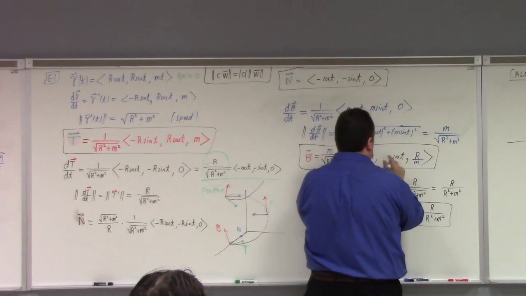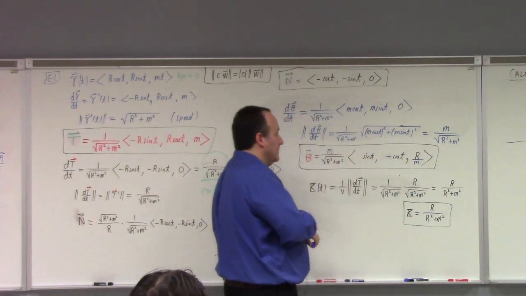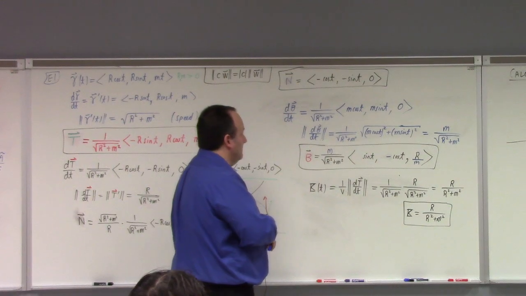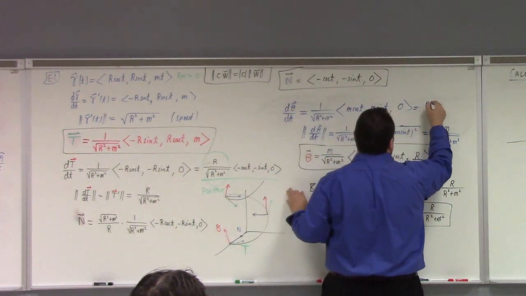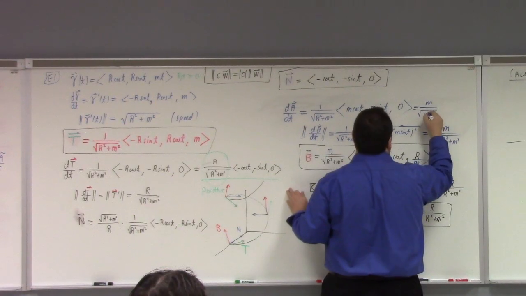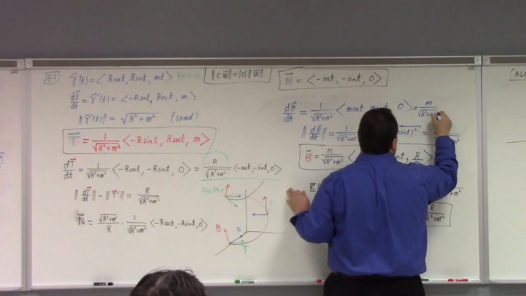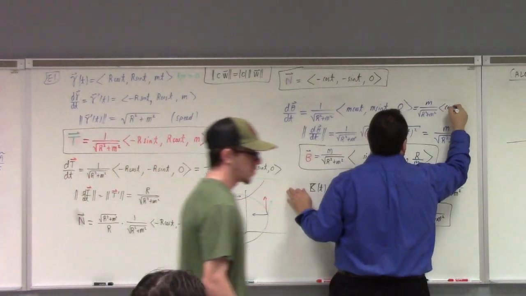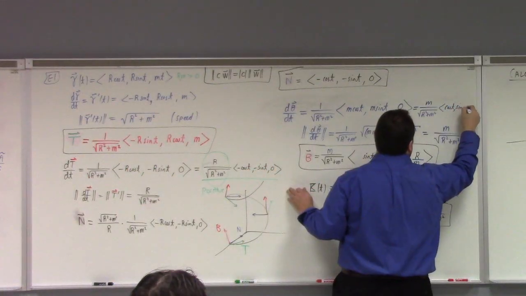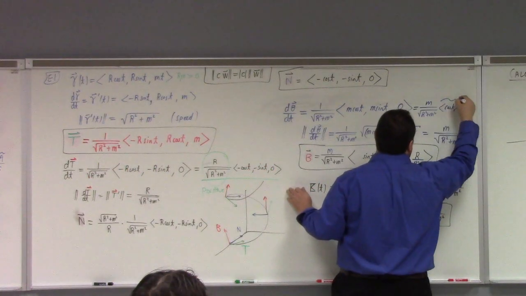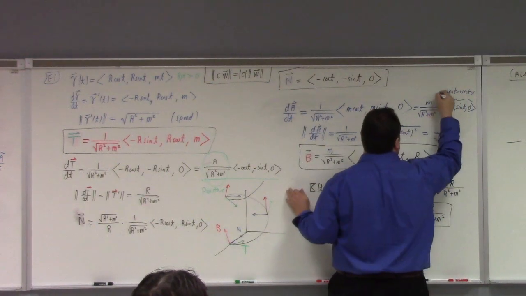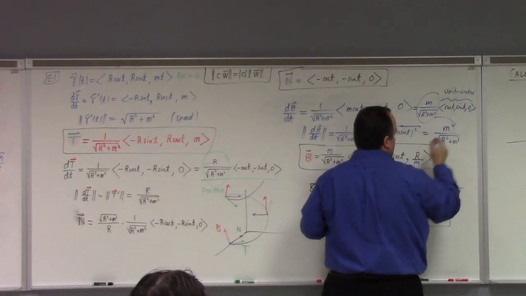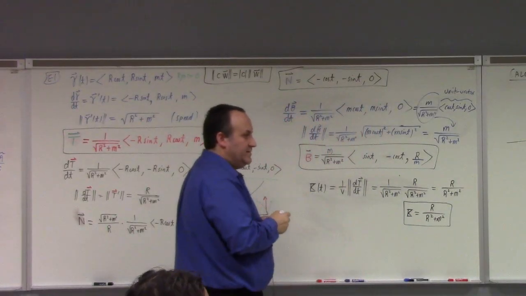You could have just said m over the square root of r squared plus m squared times cos t, sine t, 0, and then said, aha, unit vector, therefore magnitude. I totally agree.